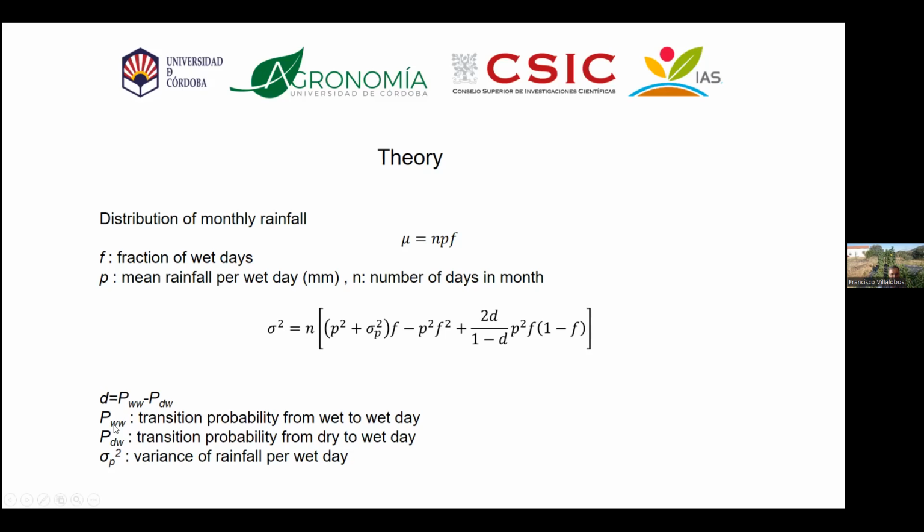In this specific equation, D is the difference between the two transition probabilities that are used in first order Markov chains, which are the transition probability from wet to wet day, PWW, and the transition probability from dry to wet day.